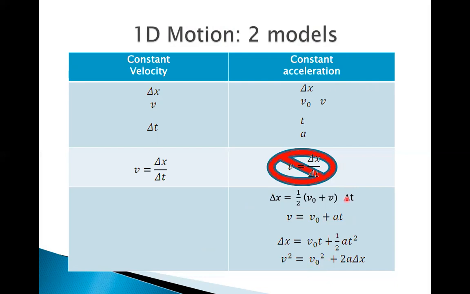Each one represents the relationship among four different quantities, and there are five properties in total. Look at the first one that has everything except, can you see? Acceleration. The second one has every property except displacement, delta x.